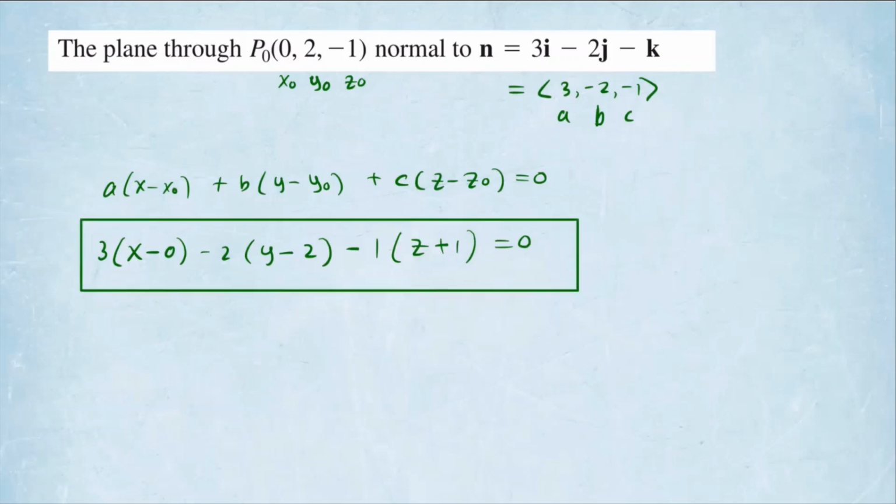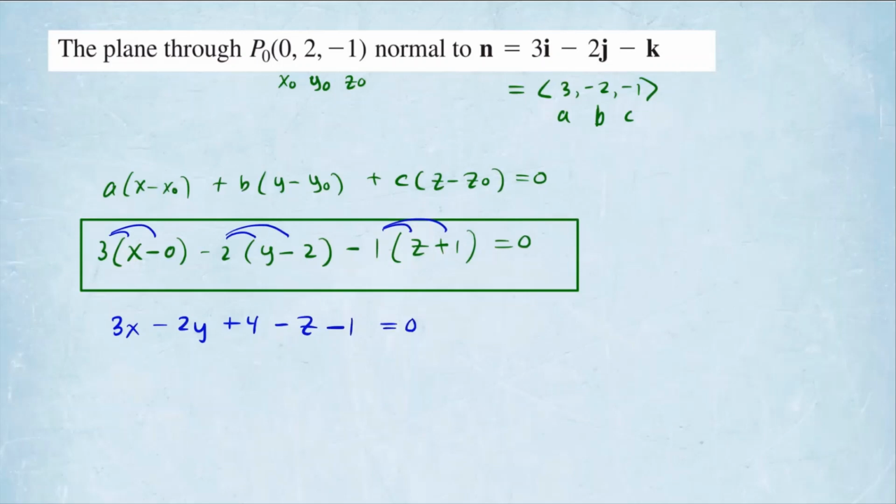Now, sometimes we like to expand and just rewrite the equation. So you can go ahead and take it further by distributing. So here we distribute the 3, distribute the -2, and then distribute the -1. So we're going to get 3x. And then when you distribute the -2, you get -2y plus 4. When you distribute -1 into z and 1, you will have -z minus 1 equals 0.